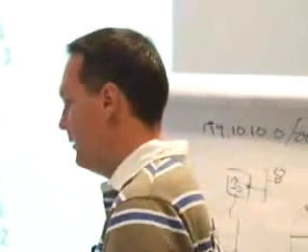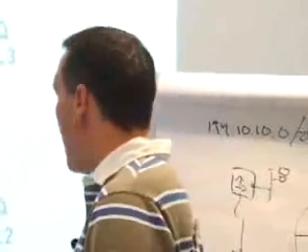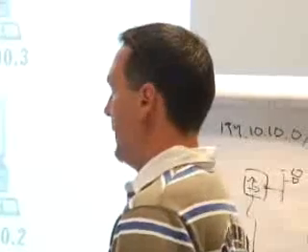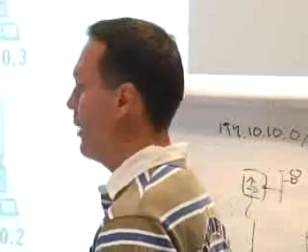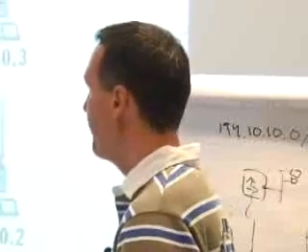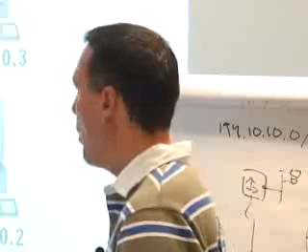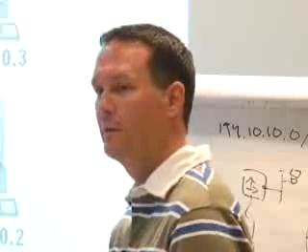Same thing they've done here. They haven't put the mask in there yet, but I would imagine this is a 24-bit subnet mask. 190 is what class?